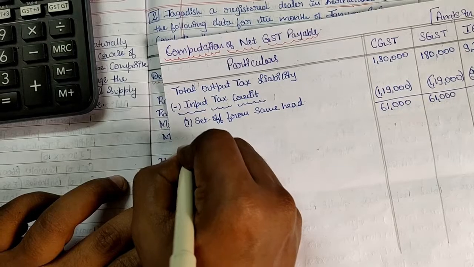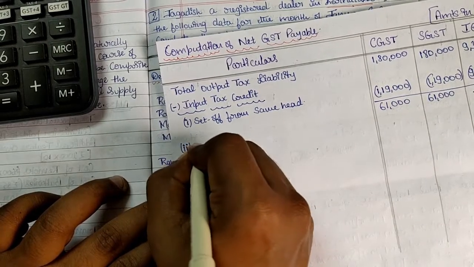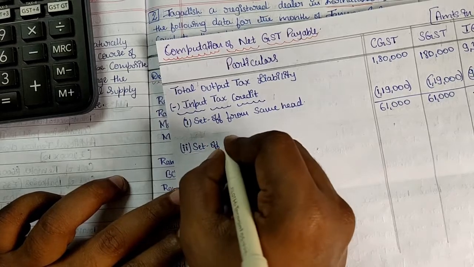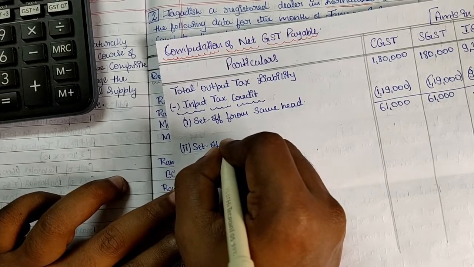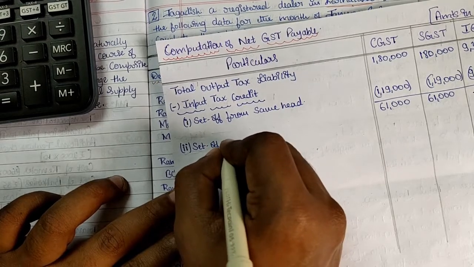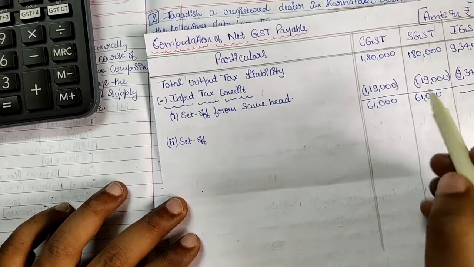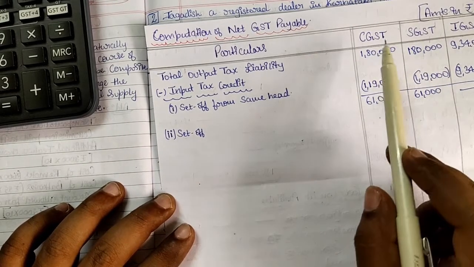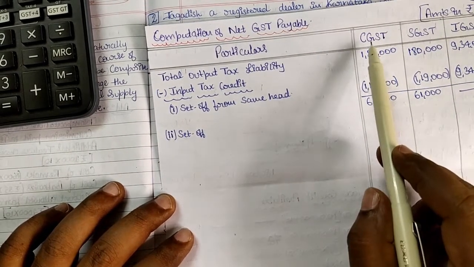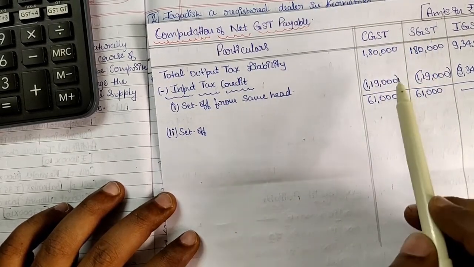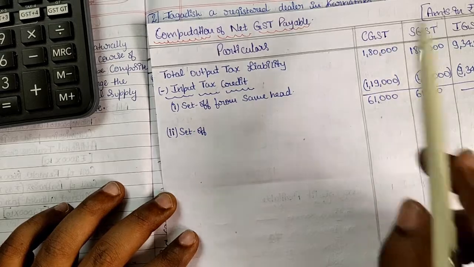Next what we'll be doing is set off of 16,500. It is available and has to be utilized first. Which tax liability can we set it off against? CGST and SGST are there, so we have to use CGST first.